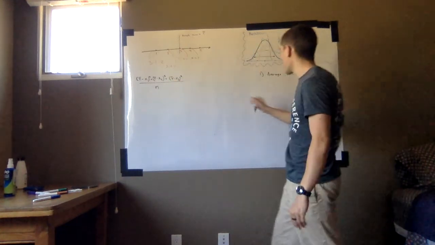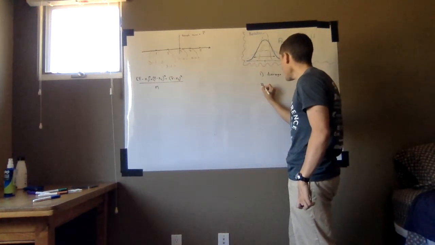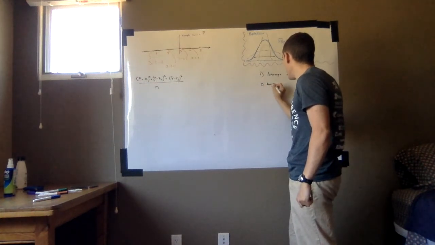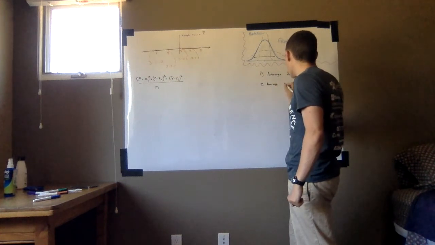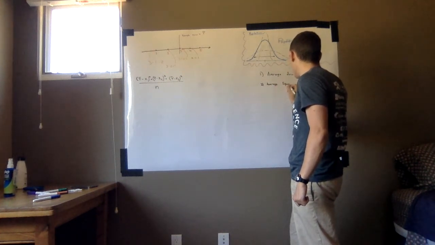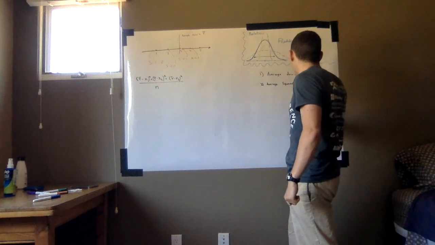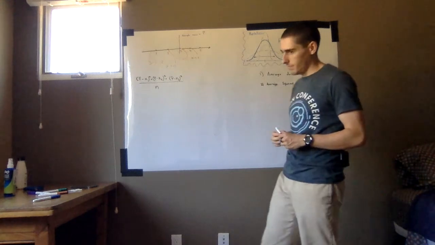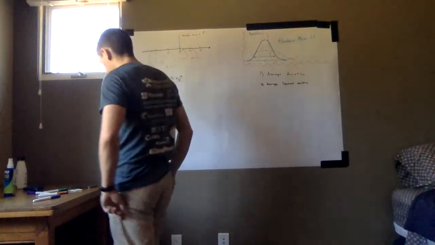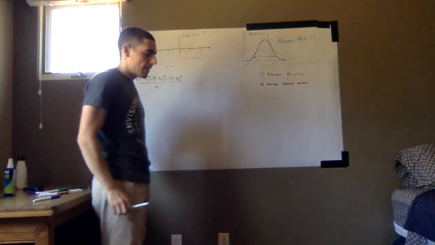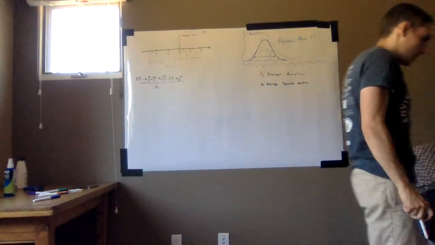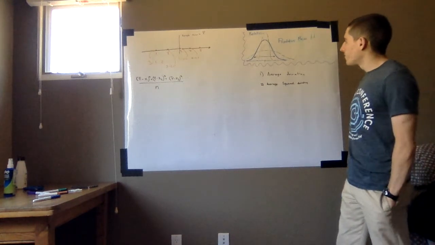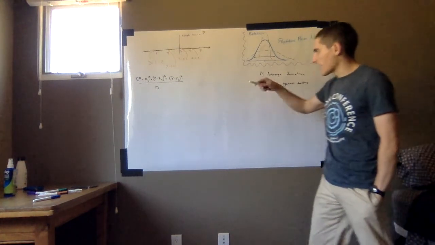If we square each of these terms, that gives us the average squared deviation.